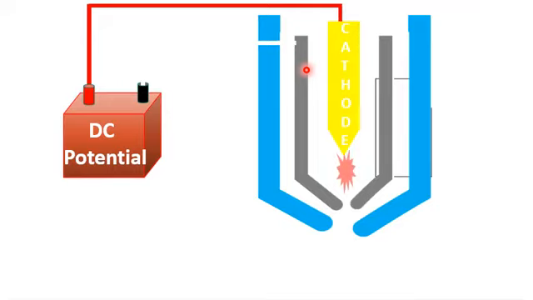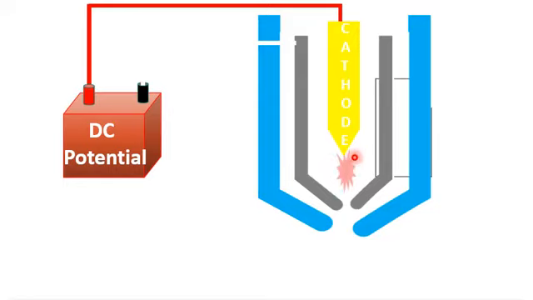Usually in a plasma arc igniter system, the potential operates in thousands of volts. So when the potential difference between the cathode and anode is so large, it will cause a spark, or an arc, at the tip of the cathode.